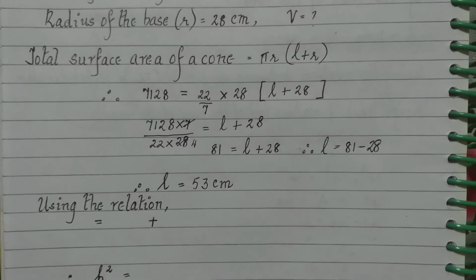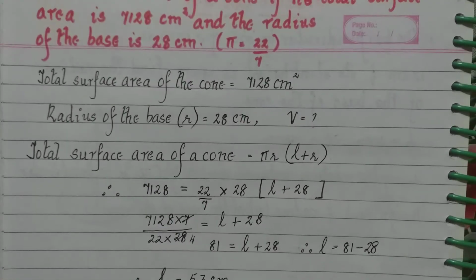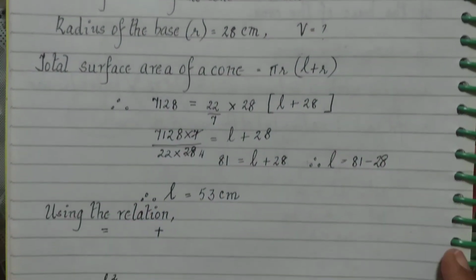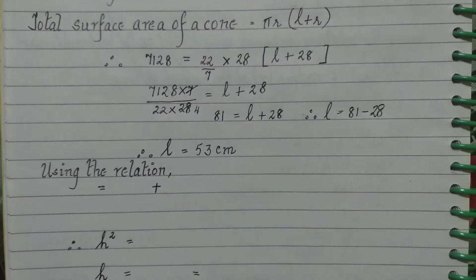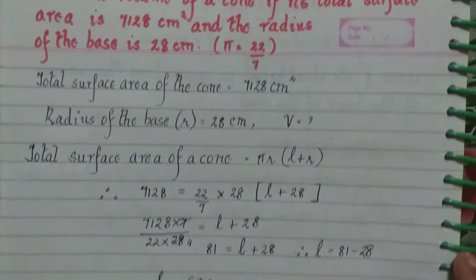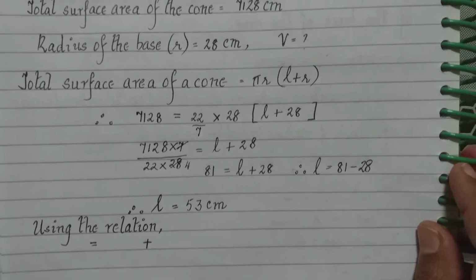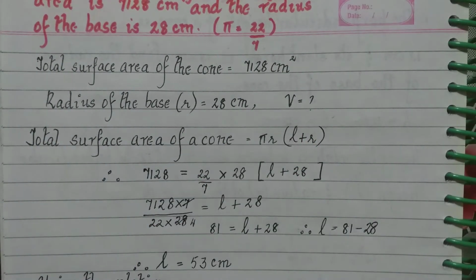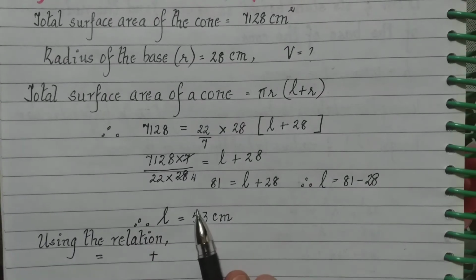Now what we do is, since we have to find the volume of the cone, we have the radius, we have also found the slant height, but the formula for the volume of a cone is 1 upon 3 pi r square h. We have pi, we have r, but we don't have h. We have L here.